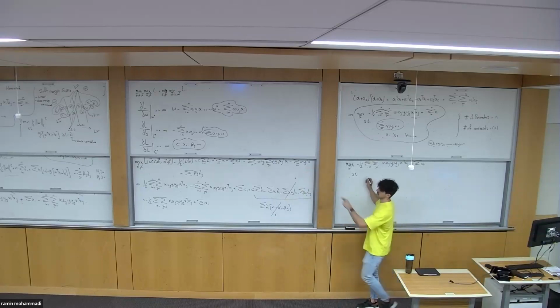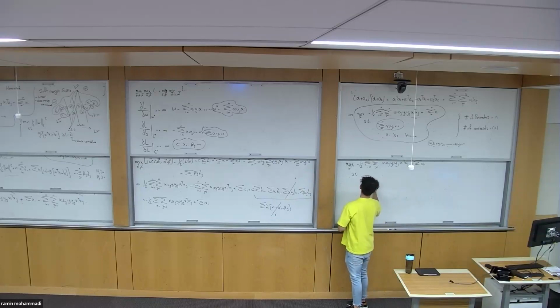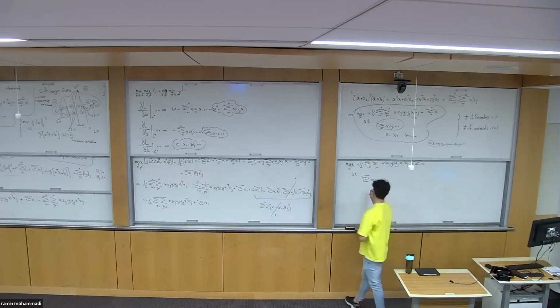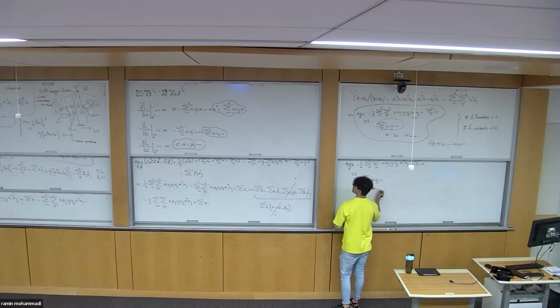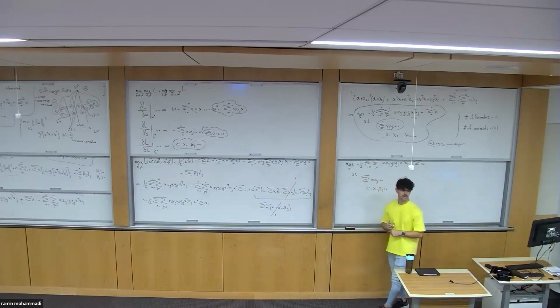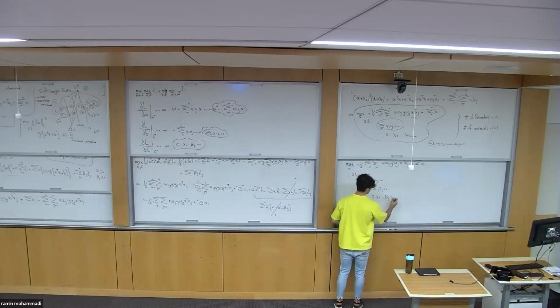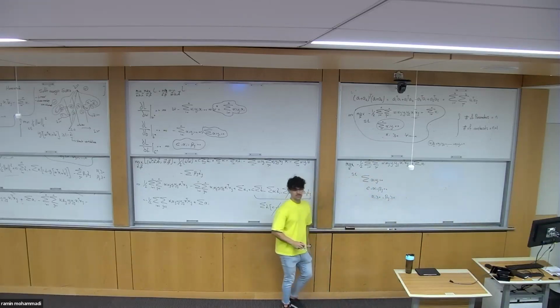So the first thing is that summation of alpha_i y_i should be 0. Then we said C minus alpha_i minus beta_j should also be 0. We also know that alpha_i should be greater than or equal to 0, and beta_j should be greater than or equal to 0.